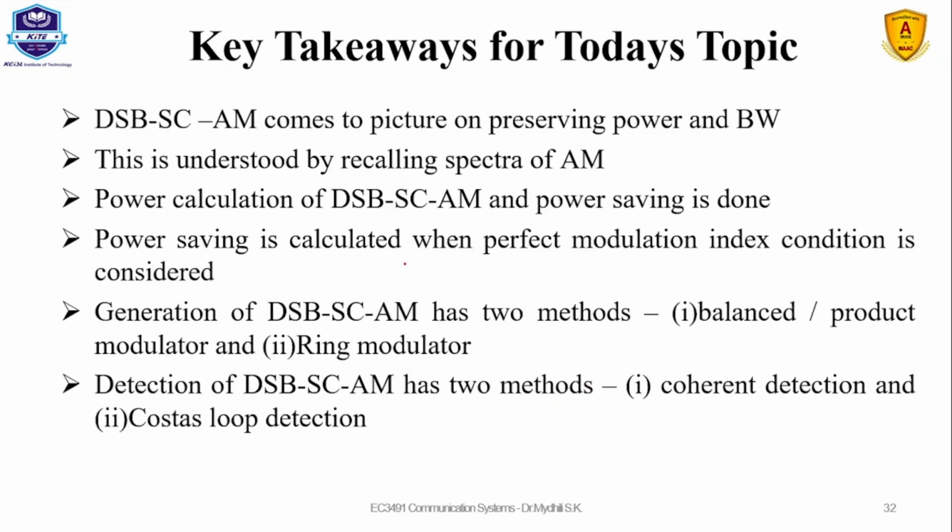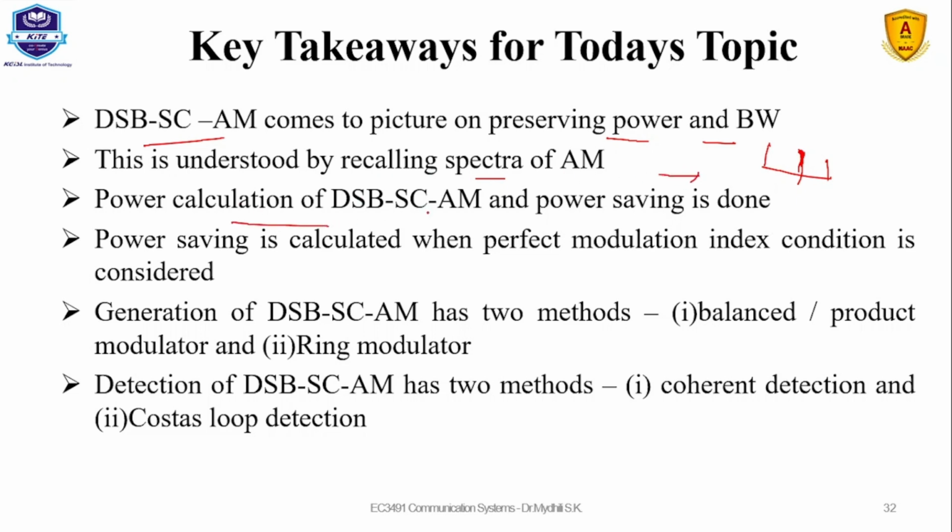So today we have covered DSB-SC AM. This comes into the picture for preserving power and bandwidth. In order to avoid the carrier, which does nothing in the transmission, we suppress it, so only the two sidebands are transmitted. This is understood by recalling the spectra of the AM signal.